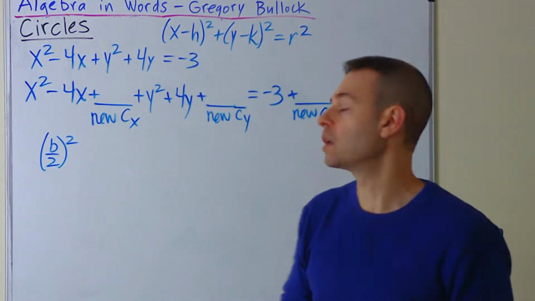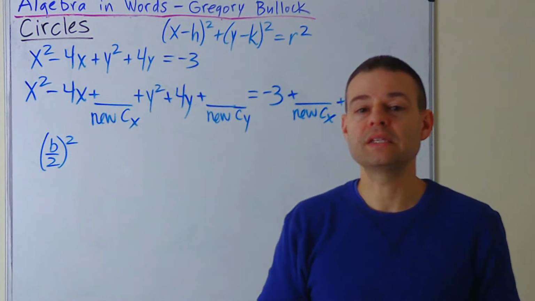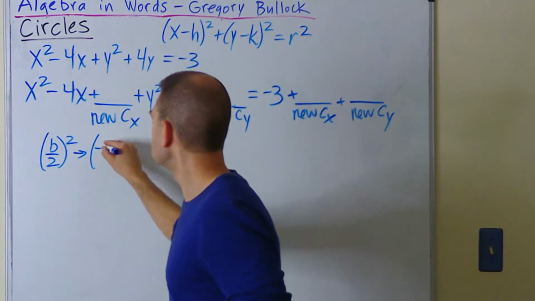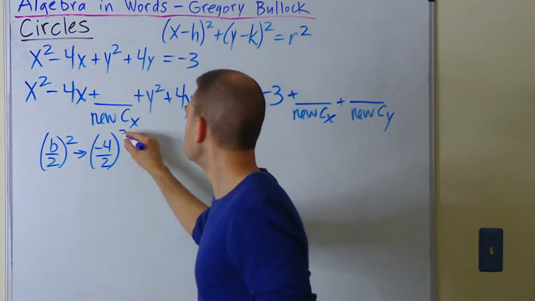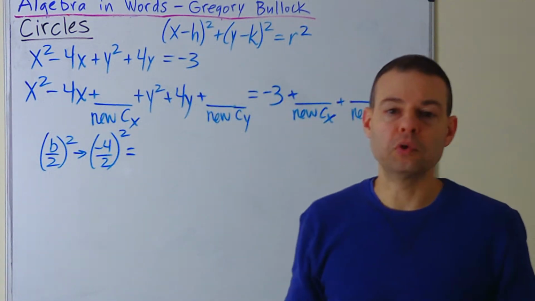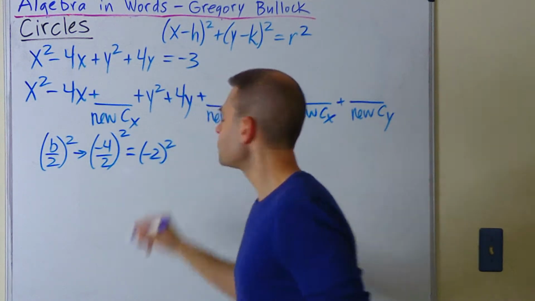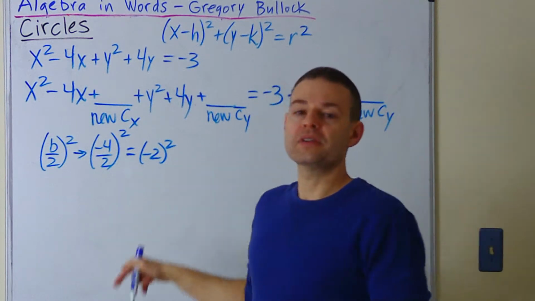In this case, b is -4. So -4 over 2 is -2. And -2 squared is 4. So 4 is the new c.